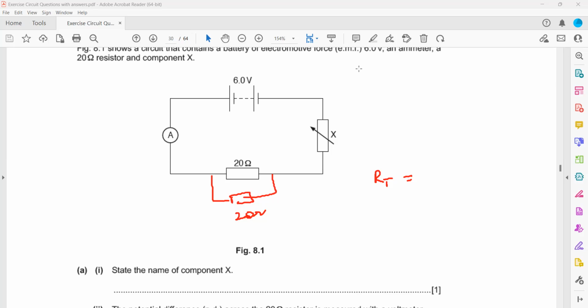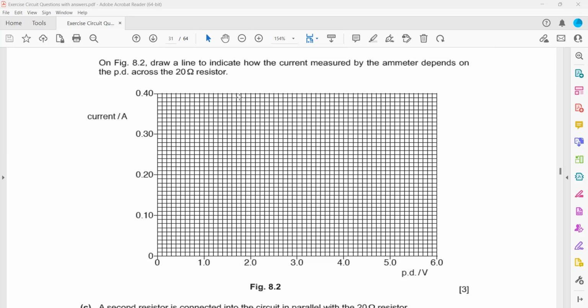And if the combined resistance decreases, what happened to the slope of this line? This was the first graph we were having, a straight line, but that was for a resistance of 20 ohm. But when we connect two resistors, each of 20 ohm, in parallel, how do we get the combined resistance?